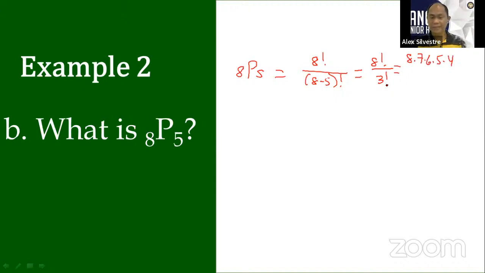Since the denominator is 3 factorial, pwede na kayo mag-stop dyan. Huwag nyo nang pabutin doon sa 1. You can indicate 3 factorial, then align 3 factorial in the denominator, then cancel. So, ibig sabihin, you have only to get the product from number 8 until number 4. So, 8, 7, 6, 5, and 4.